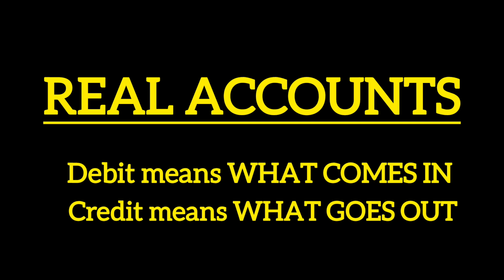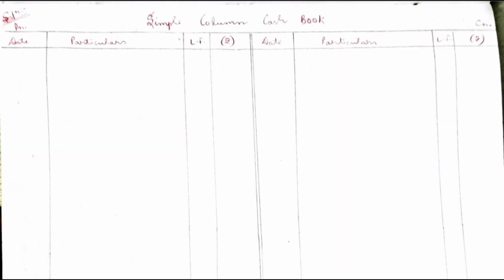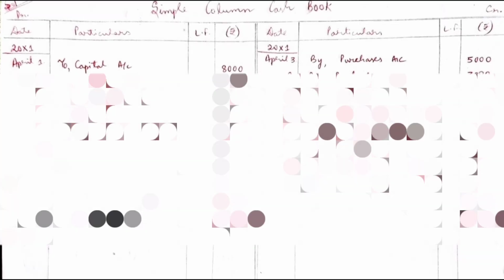The first business transaction: what does it state? It states that Mr. Ram Gopal commenced business with cash Rs. 8,000. So he started his business with 8,000 cash. We are going to record this cash 8,000. It's coming into the business, yes or no? In the form of what? In the form of capital. So we are going to write To Capital Account in the particulars column on the debit side, and in the amount column we write 8,000.